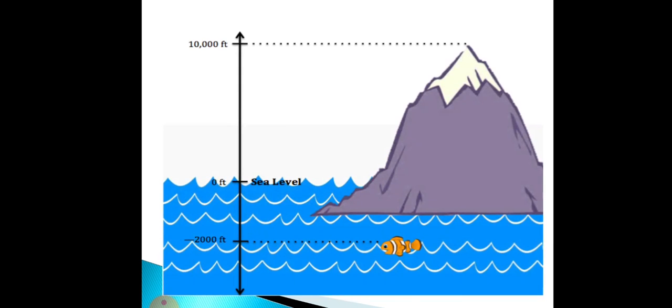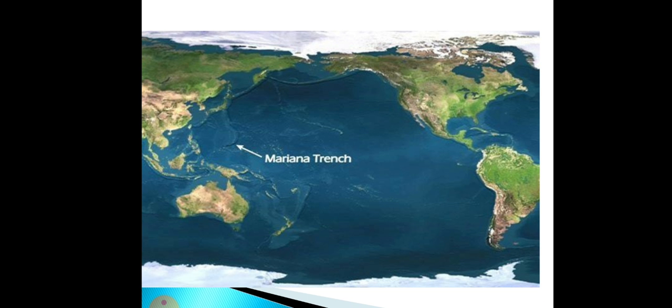And third point which I explained, whenever we have to consider a height, we take sea level as zero and then take a measurement of the height. And fourth, the greatest depth of the ocean we find in the Mariana Trench, which is present in the Pacific Ocean.